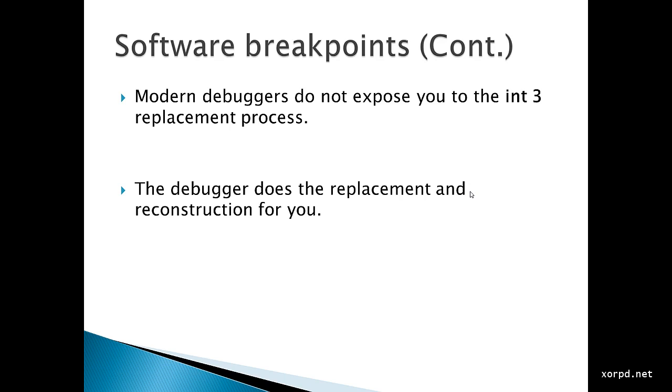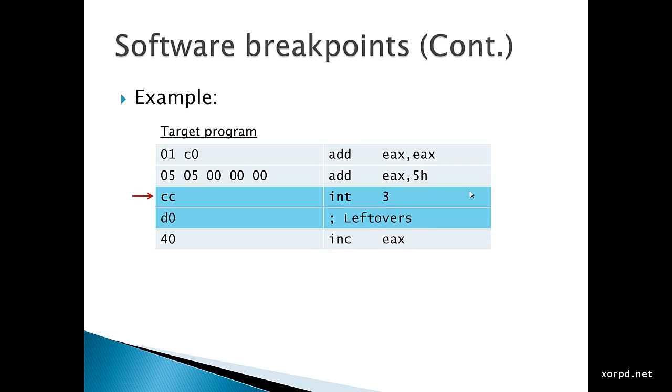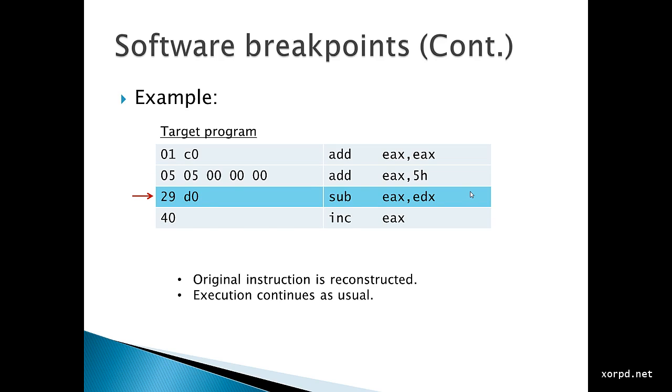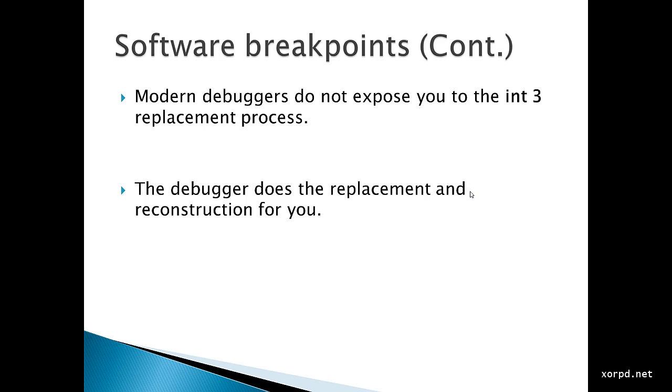Usually, modern debuggers do not expose you to the int3 replacement process, which means that you are not going to see all of those replacements. You will just put a breakpoint and all of this process will be transparent for you, which is something to be pretty happy about. The debugger does the replacement and reconstruction for you.